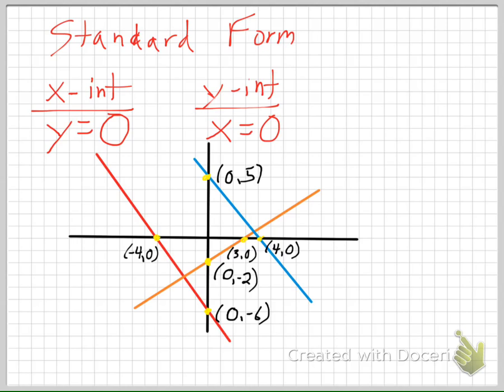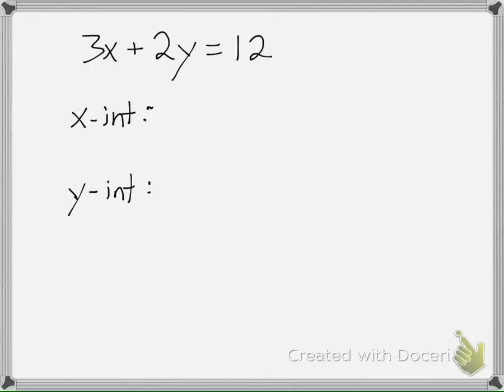The opposite value has to be 0, right? So if I want to find my x-intercept, that means I want my y value to be 0, right?